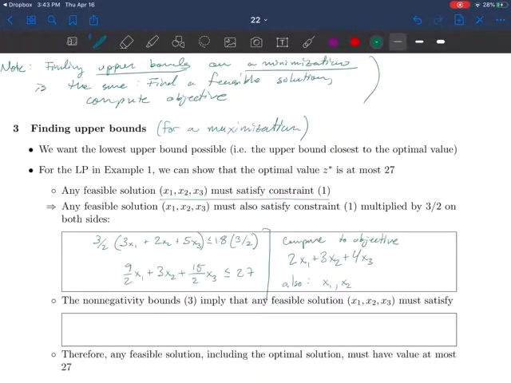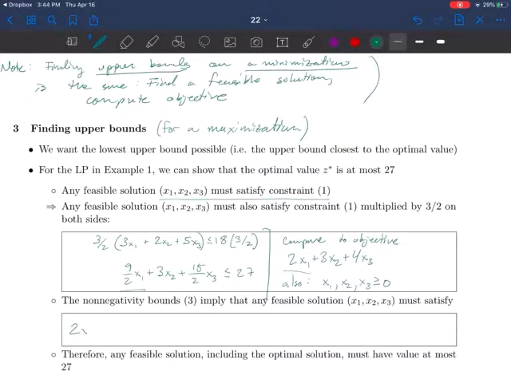Well, I know that x1, x2, and x3 are non-negative, right? So that means that 2x1 is less than or equal to 9 over 2 x1, because x1 is non-negative, so 9 halves of a non-negative thing is greater or equal to 2 of that same non-negative thing. 3x2 is equal to 3x2.